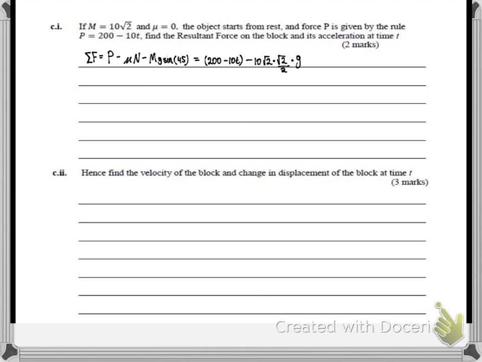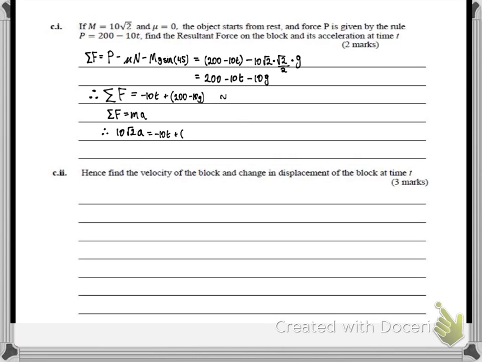There's no friction in this example. Simplify it a bit, there we go, and we can express that neatly in a linear fashion by collecting the constants and putting a bracket around them. And there's the resultant force in newtons.